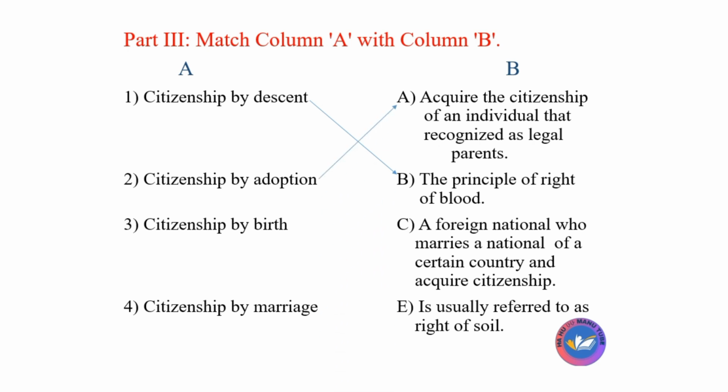Citizenship by adoption is acquired the citizenship of an individual that recognized as legal parents. The answer for citizenship by birth will be, it usually referred to as right of soil. Citizenship by marriage refers to a foreign national who marries a national of a certain country and acquire citizenship.